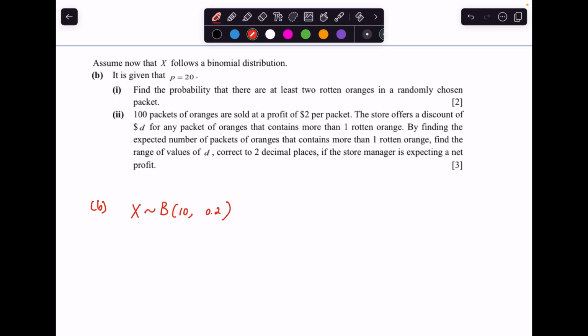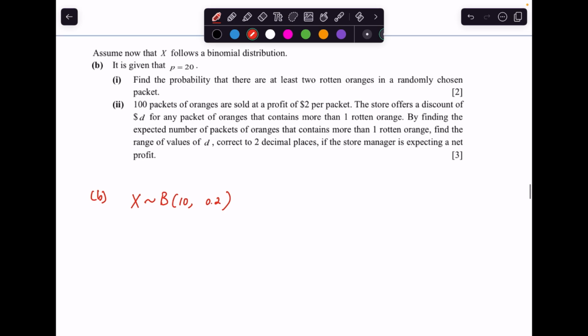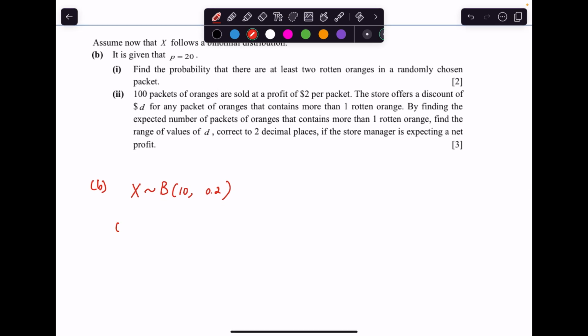Now we want to find the probability that there are at least 2 rotten oranges in a randomly chosen packet. So more than or equal to 2. On your GC, you can't really ask your GC for the probability of something more than or equal to 2 for a binomial distribution.